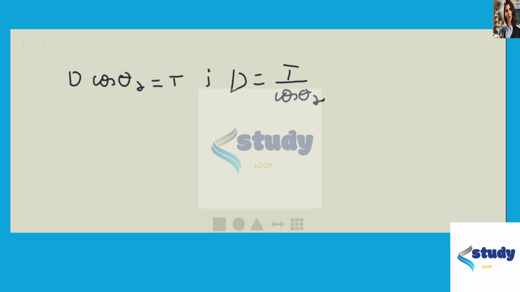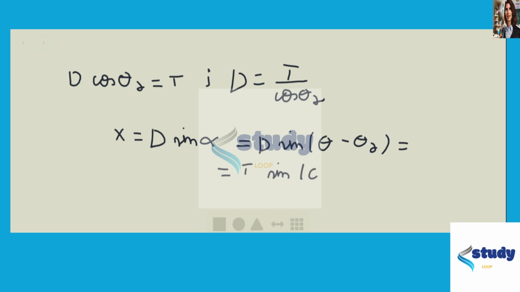So we get that x is equal to d sine, let's call the internal angle alpha, this is d sine of theta minus theta 2. So we can write this as t sine of theta minus theta 2 divided by cosine of theta 2.